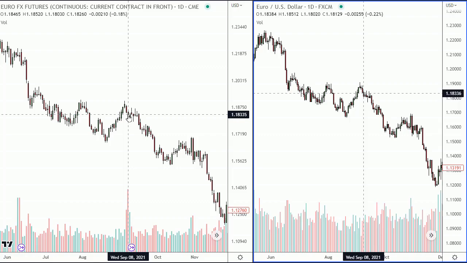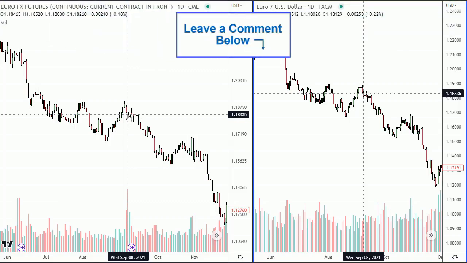I personally do prefer trading the futures over the spot. But if you like the spot Forex, you can look at both. Just like this, you can put them side by side, and you can execute your trade on the spot Forex if you want to, but watch the volume on the futures.